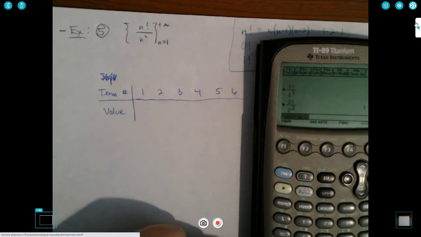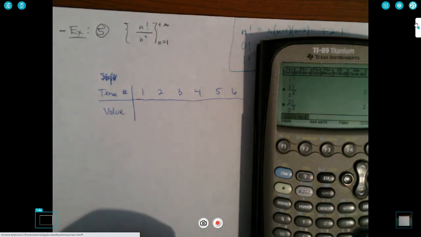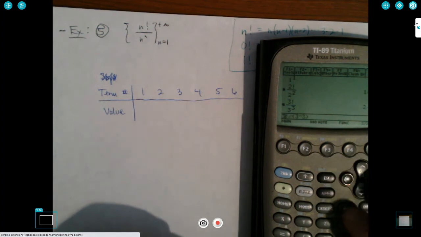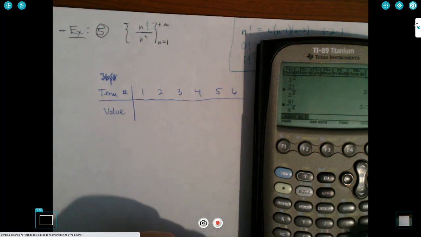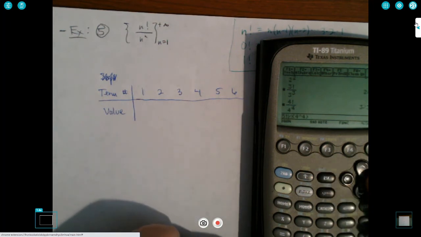Oh, that's interesting. It's 1/2. 3 over 3 cubed is 2/9. 4 over 4 to the 4th is 3/32. 5 over 5 to the 5th is, ooh, this is getting kind of nasty.